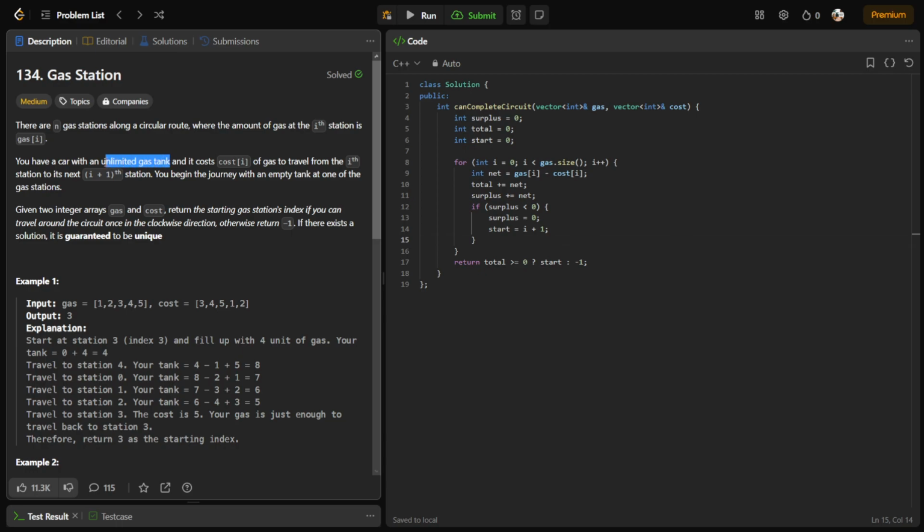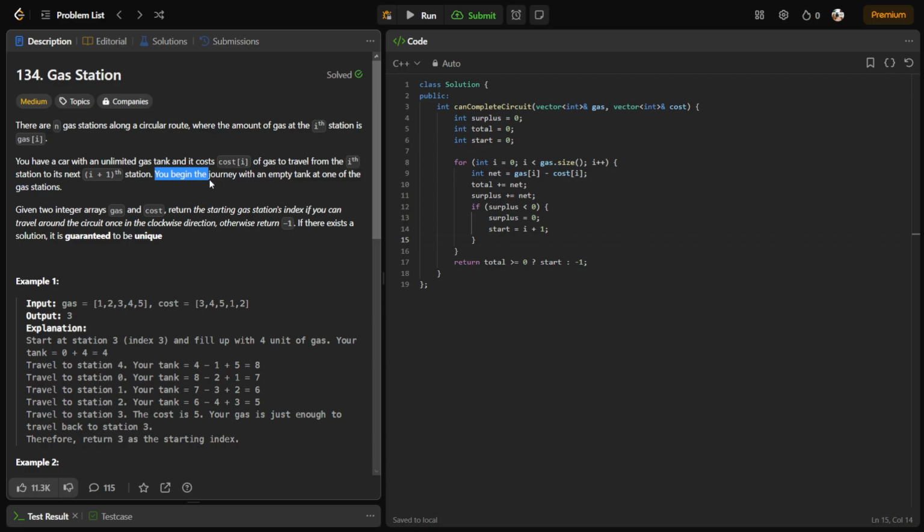This means that this car can store an unlimited amount of gas, and it costs as much as it says here in the cost array to travel from, let's say, this index to the other index. It will cost 3.